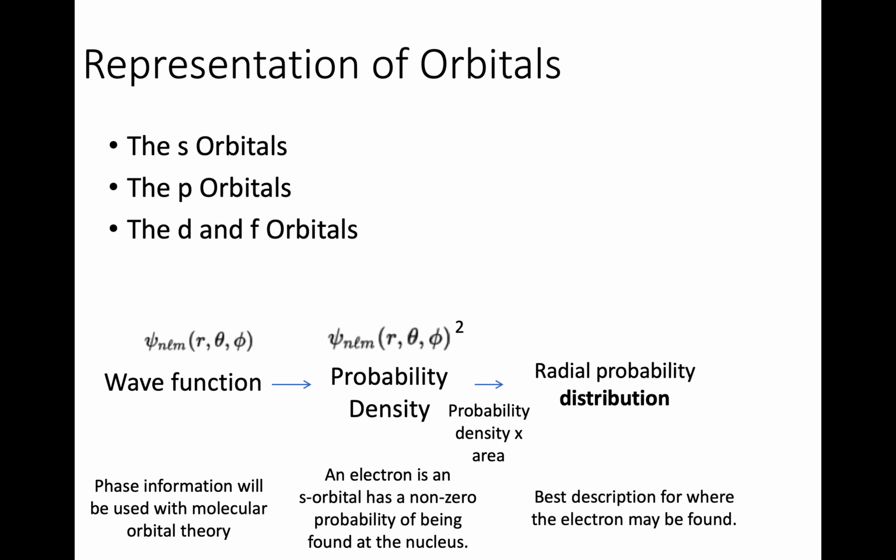The radial probability distribution, in many ways, I find this the best description for where the electron may be found, because it's taking the probability density and it's also accounting for the amount of volume that's in a given region of space. So when I'm moving forward and I'm trying to now see where the electron is found, for example, if I'm thinking of a topic like one electron shielding another one, I find the best way to think about that is in terms of the radial probability distribution function.